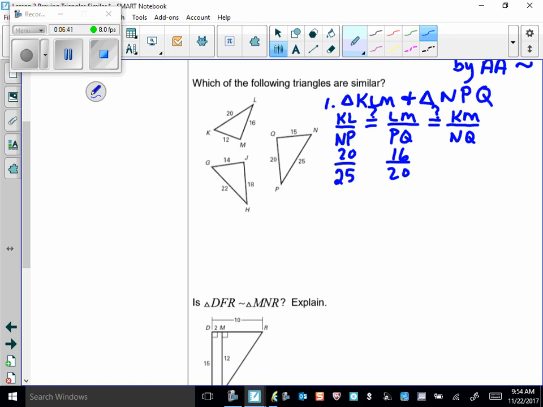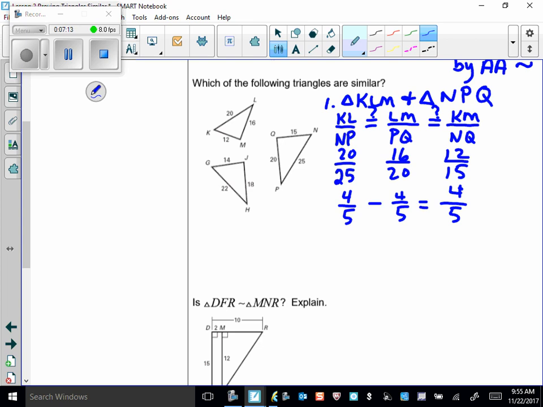KLM and NPQ. So I got 20 over 25, 16 over 20, and finally KM is 12, and NQ is 15. Let me simplify all those. 5 goes into that, 4/5. 4 goes into that, 4/5. 3 goes into 12, 4. 3 goes into 15, 5.